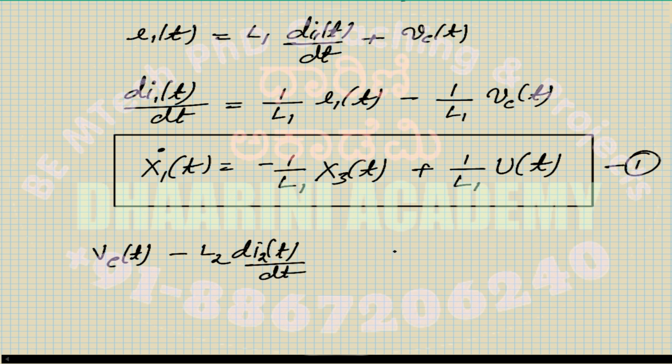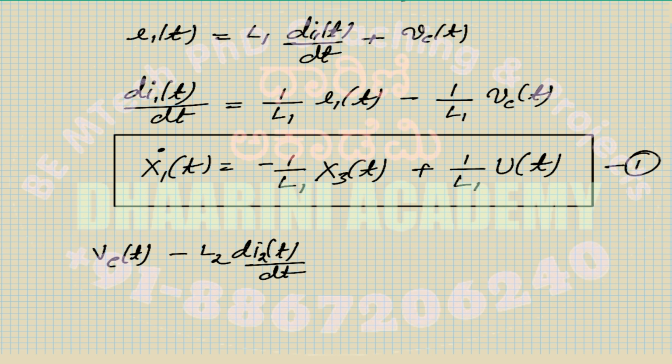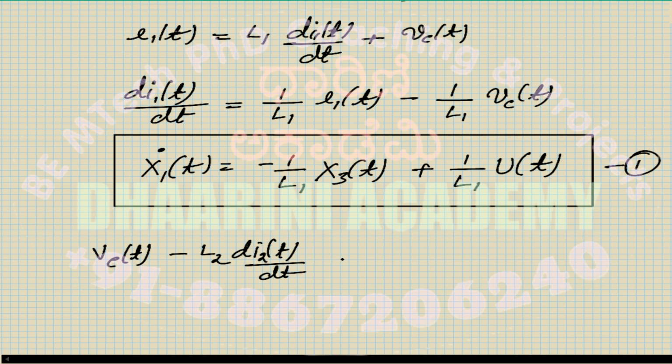Moving across the resistor from top to bottom, the current moves in the same direction, so the voltage reduces: minus I2 of t into R. We moved around the loop completely and there is no voltage source, so this is equal to 0. This is our KVL.